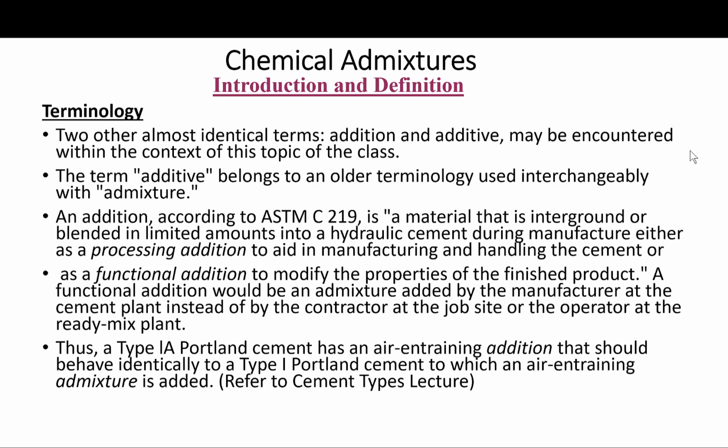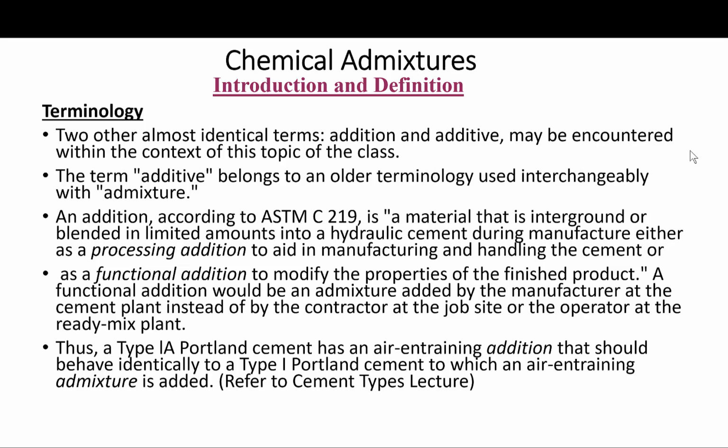An addition, according to ASTM C219, is a material that is interground or blended in limited amounts into hydraulic cement during manufacture, either as a processing addition to aid in the manufacture and handling of the cement, or as a functional addition to modify the properties of the finished product.